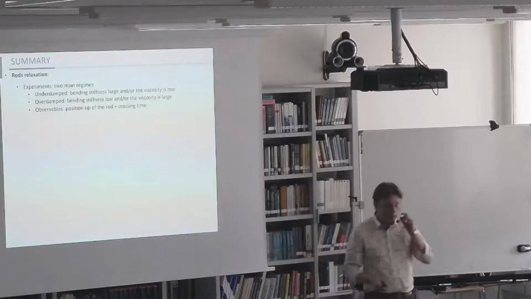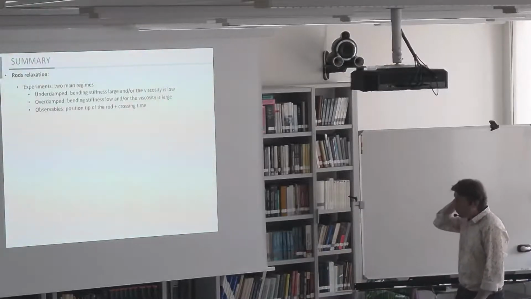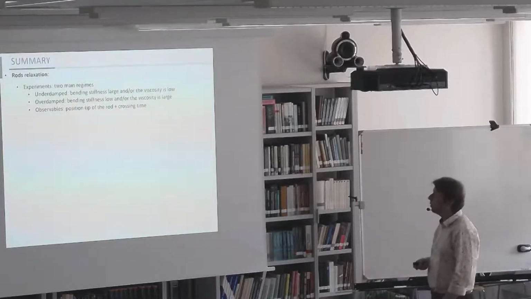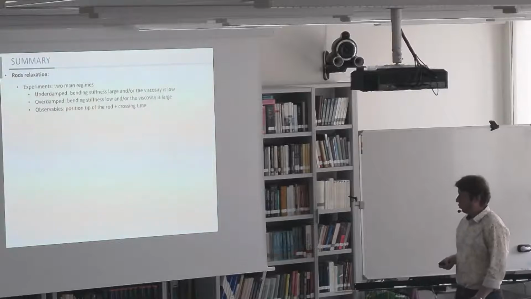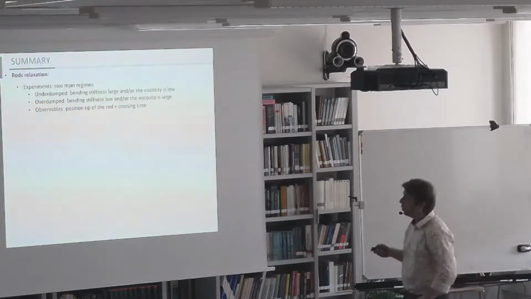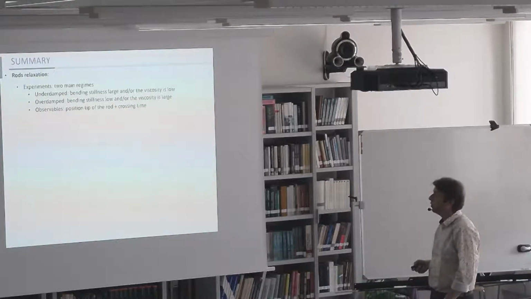So, okay, I'm done. And so just a short summary. For the relaxation of rods, I showed you experiments which show that you have two main regimes: underdamped, where you have oscillation, and overdamped, where you simply relax without oscillation to the equilibrium position.